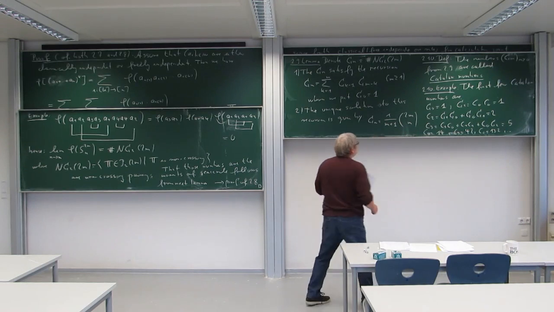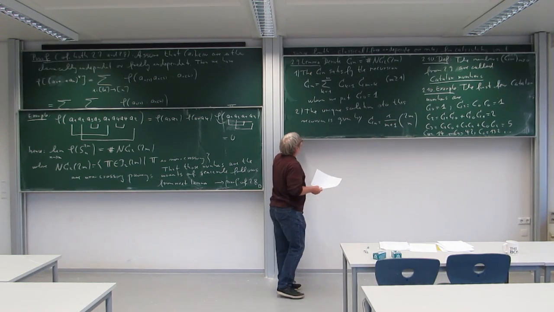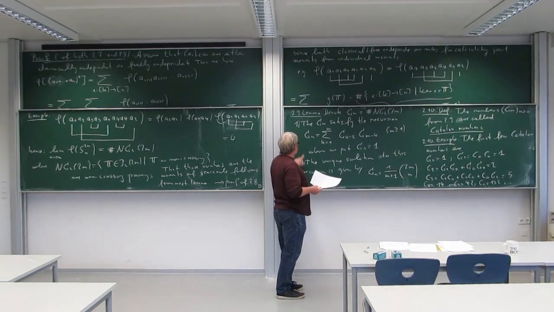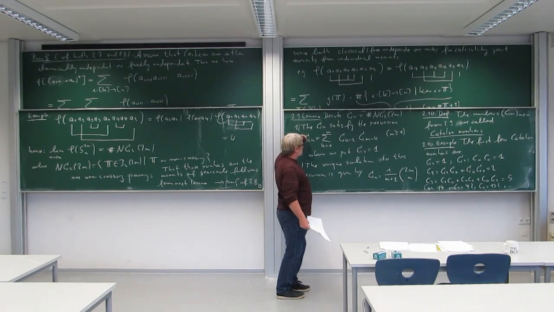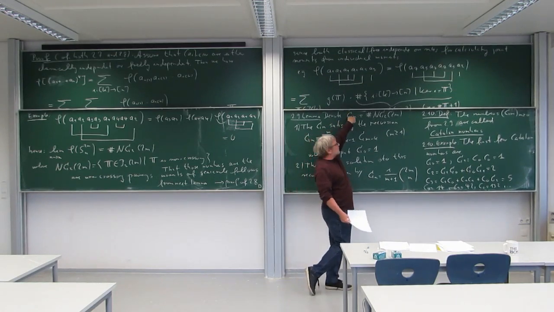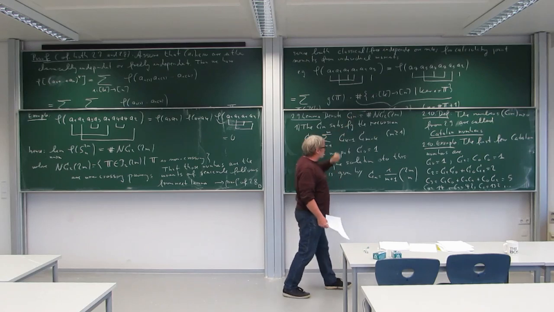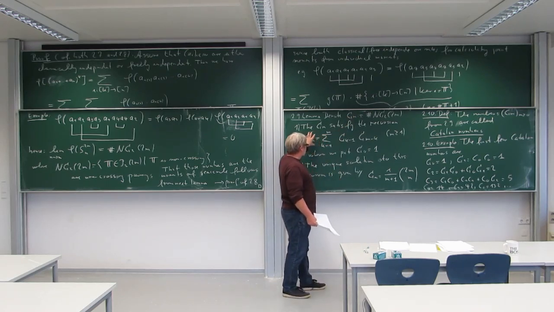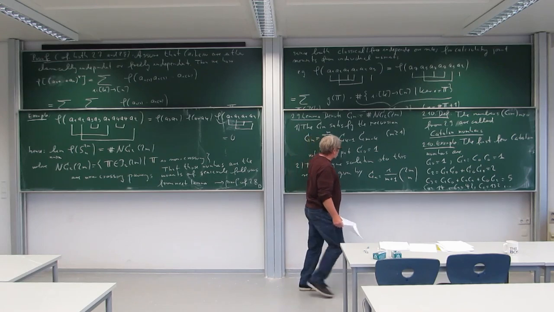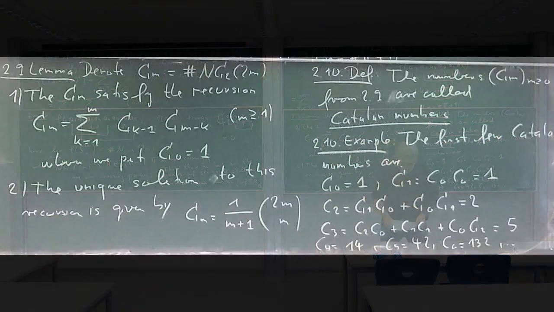Okay, so let me prove this, and in particular, let me prove this recursion. At the moment, the Cm are defined as the number of non-crossing pairings, and we would like to see that they satisfy this. And then maybe this here is the assignment, to see that the solution of this is given by those numbers.